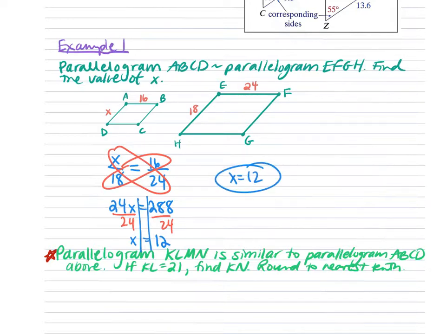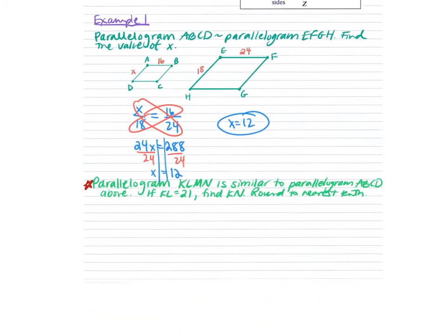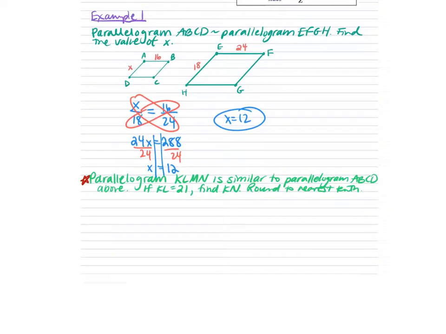Okay, so now you have one to try on your own. There's not a picture, so I would draw one. Parallelogram KLMN is similar to parallelogram ABCD, so we're using this parallelogram here.